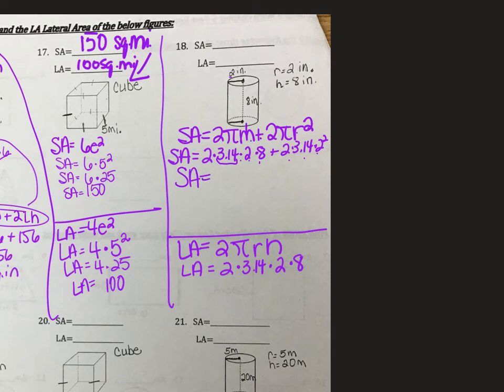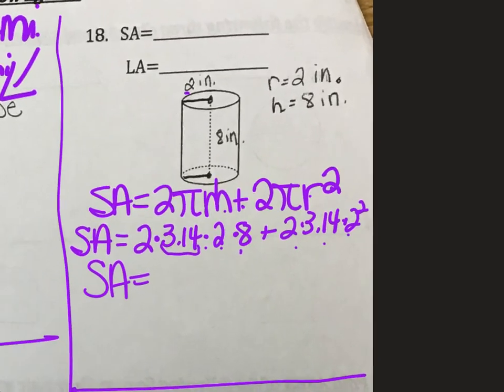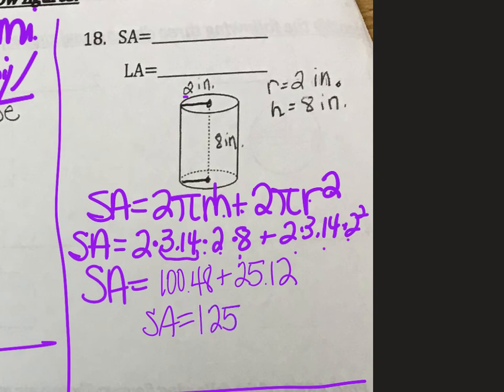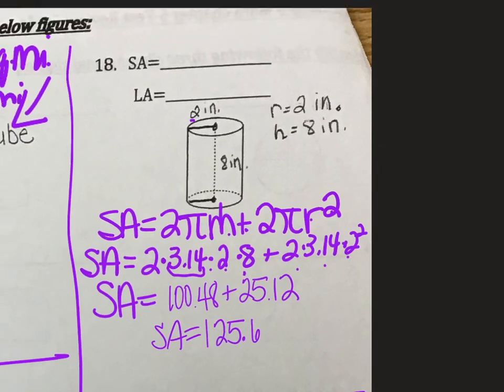SA equals 100.48 plus 25.12. So 125.6 is your surface area here.